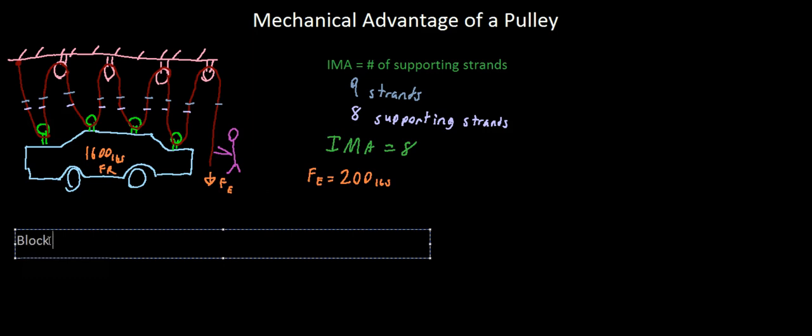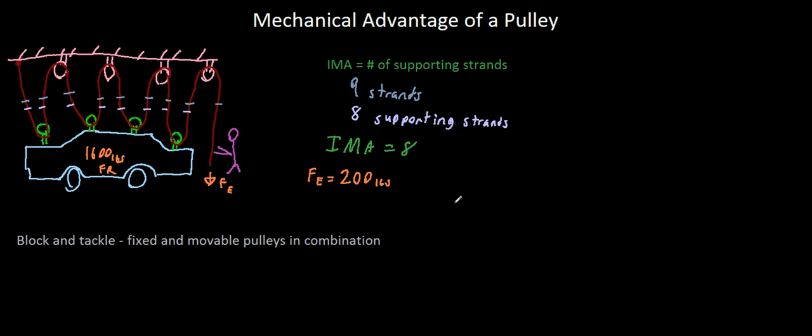It divides our force into a smaller force by increasing this distance, which is what's going on. And we call this system that we just drew a block and tackle. And all a block and tackle is fixed and movable pulleys working in combination. So fixed and movable pulleys in combination.